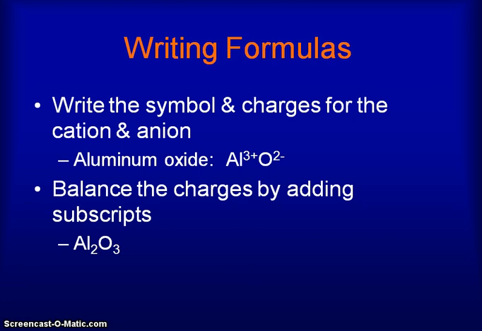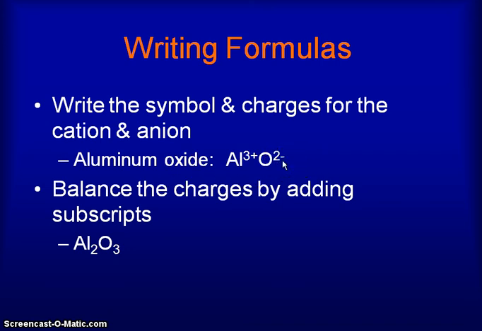Now when it comes to writing formulas, it's simply going in the opposite direction. This time you might be given the name and you will need to come up with the symbols. Again, the first one listed is always going to be your cation. So aluminum we would look up as Al, and it is in the 3rd main group, so it's going to be a 3+ charge. And oxygen is O, and it has a 2- charge.